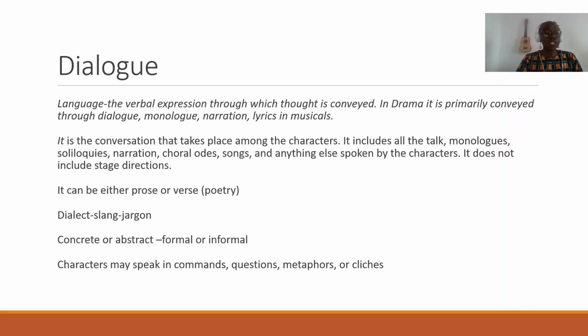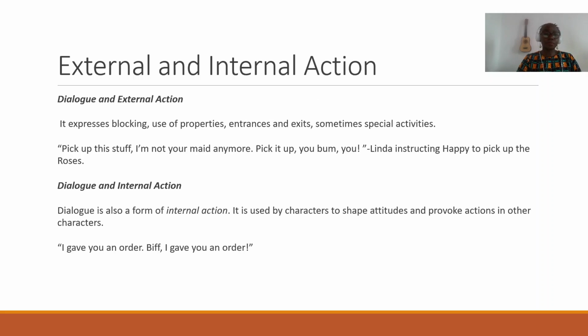And the language or dialogue spoken by the characters can be concrete or abstract, formal or informal. And characters may speak in commands, questions, metaphors, or cliches. All of these help us to understand the stations of the characters in society, their level of education, their state of mind, and all that.